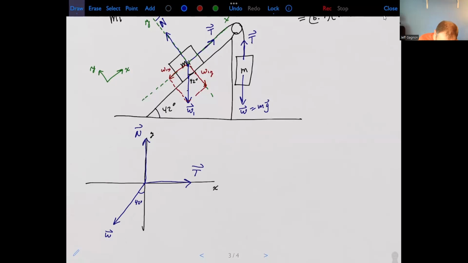That's weight 1. We want to find the x component, which is this one, W1x, and then the y component, which is this one.